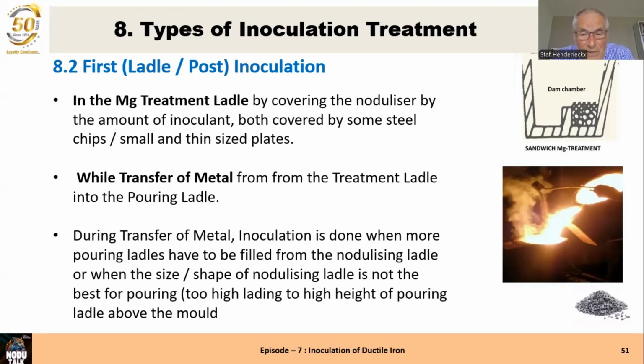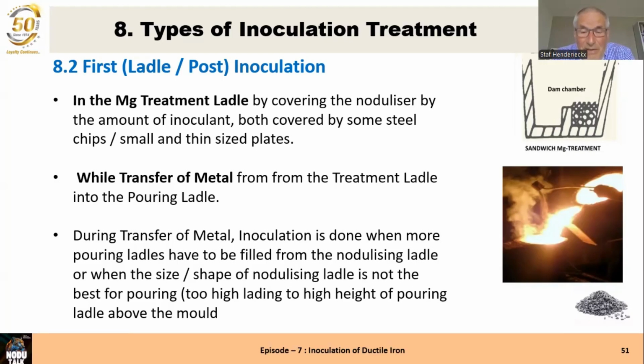It is possible. And then the grain size must be somewhat larger during the transfer of the metal, because sometimes foundries do the nodulizing in a big ladle, and then they tap later in small ladles.